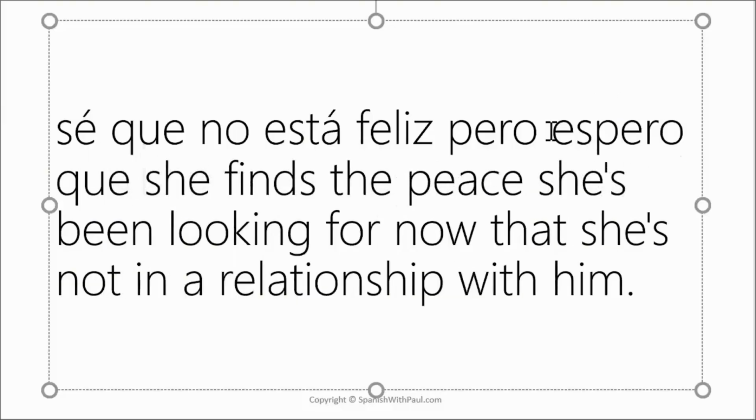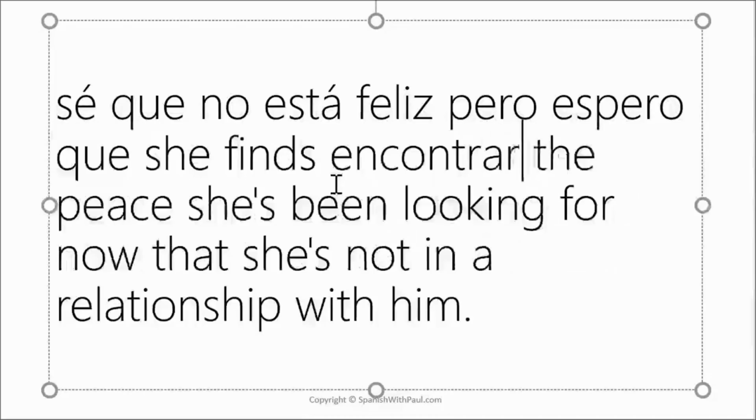All right, so we've stepped on the trigger. The tripwire has been broken. So the next verb must be in the subjunctive. So the verb to find is encontrar, an AR verb, but this has a peculiar spelling when it gets conjugated because the O kind of splits.